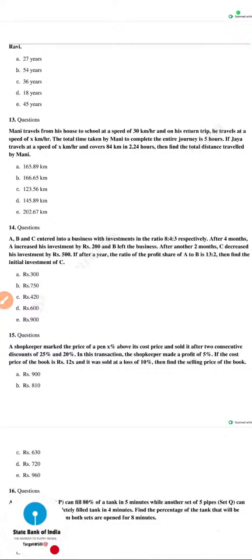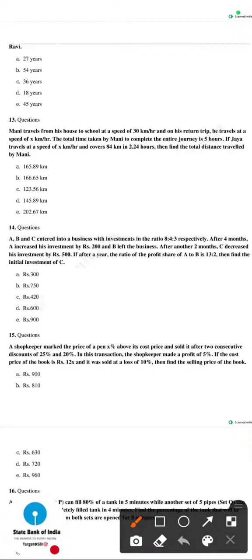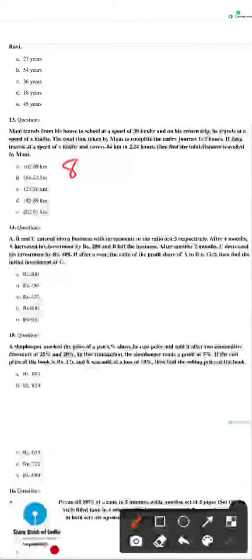After another 2 months, C decreased his investment by 500. After a year, the ratio of the profit share of A to B is 13:2. Then find the total investment of C. So from this, the initial investment ratio is 8 is to 4 is to 3.